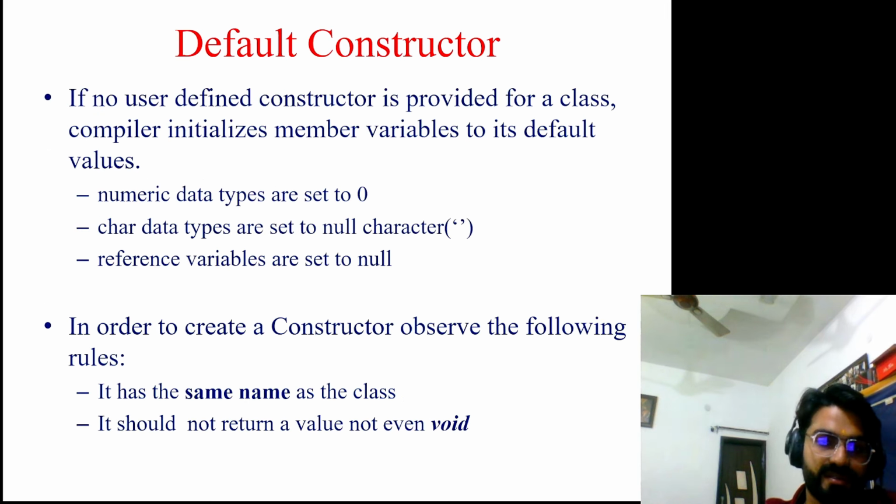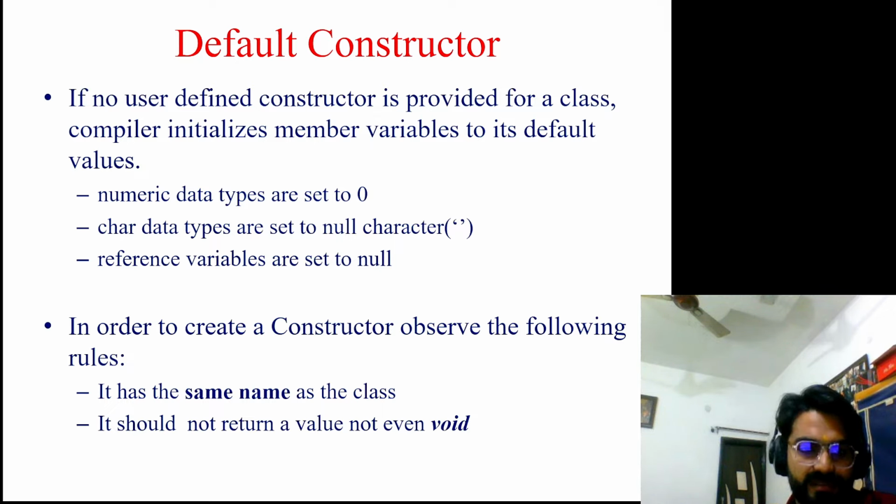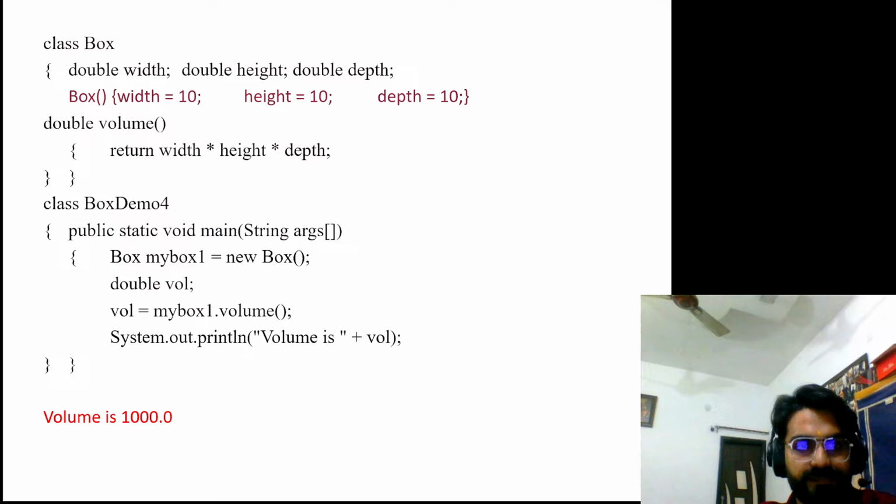So that's how it works. A default constructor means it's created by default by Java, with the same name as the class and without any parameters. It should not return a value or even accept a value. That's the default constructor. I will showcase how to create constructors as well.